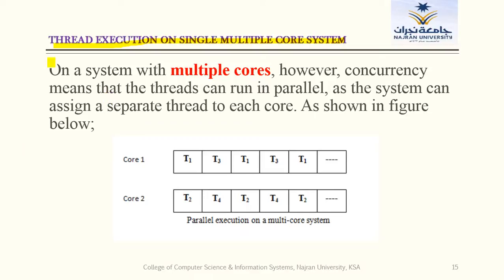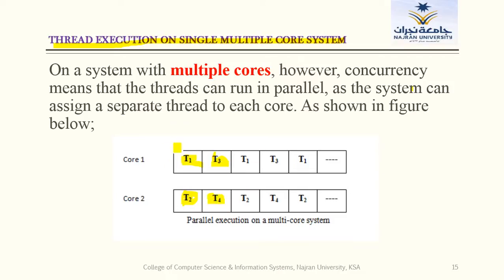We start execution of the first thread on the first core, and thread 2 we give to the other processor. Then when T1 finishes work, we give it thread 3. On core 2, when thread 2 finishes work, we give thread 4 to this processor, and so on.